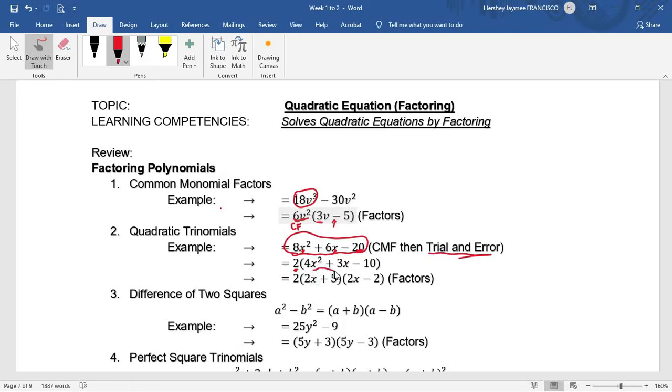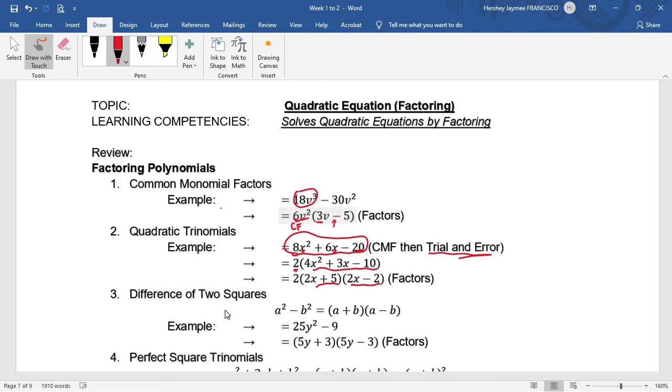Dito, mas madali mo na siyang mapafactor using trial and error. So, you have 2x plus 5 and another 2x minus 2. Pag sinolve mo etong dalawang binomial using FOIL method, magkakaroon ka ng sagot na 4x squared plus 3x minus 10.